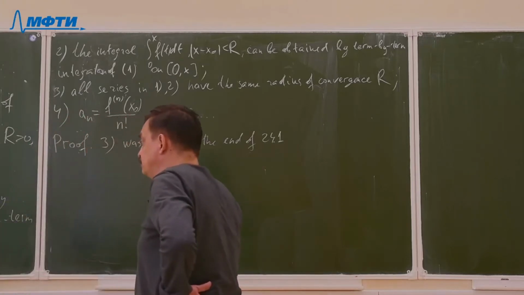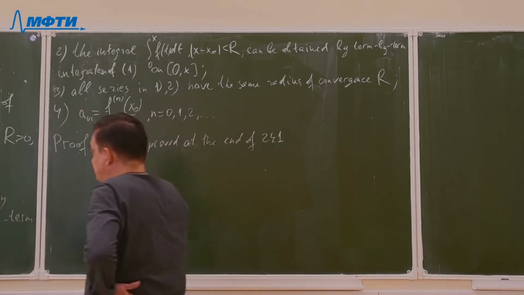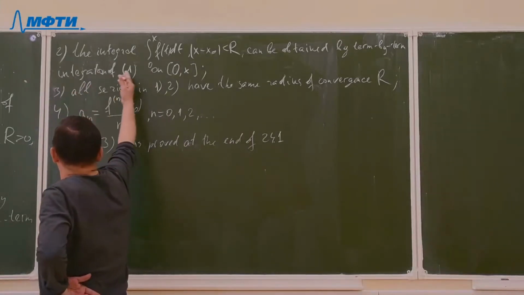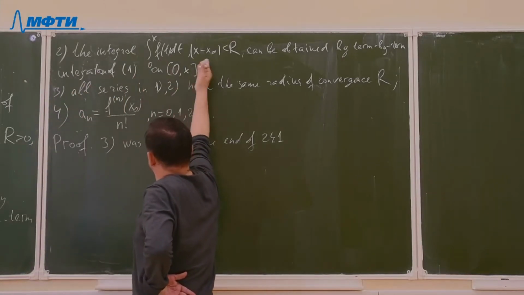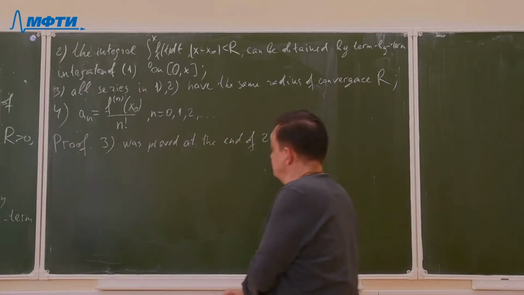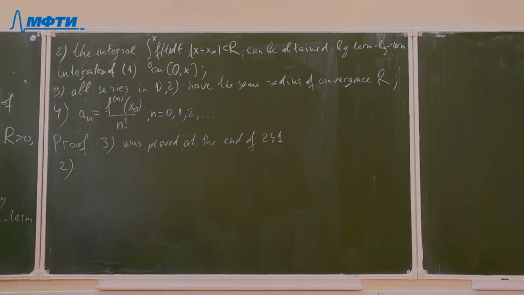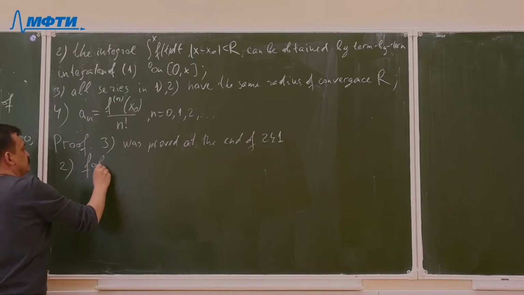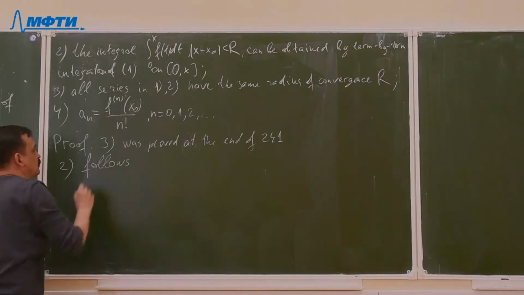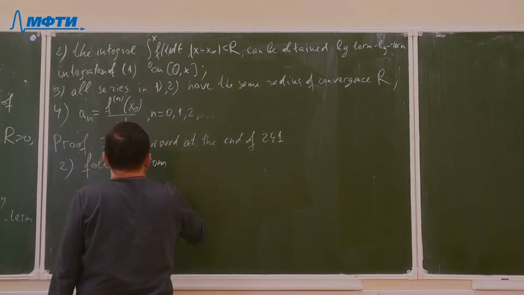Now, what we need to prove? We need to prove that we can, in fact, obtain the integral and derivatives by term differentiation. And in fact, for example, the second assertion follows from two theorems.